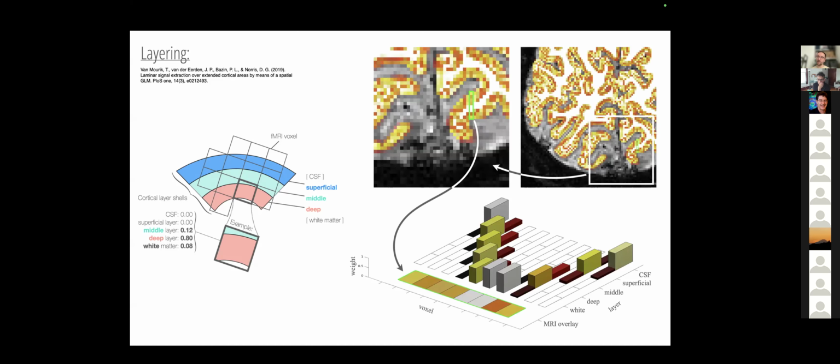But just here as an example, here are some real voxels that we selected and the layers that we could attribute them to. The height of the bar reflects the fraction of how much this particular voxel was attributed to the respective layers. As you can see, it's relatively clean.